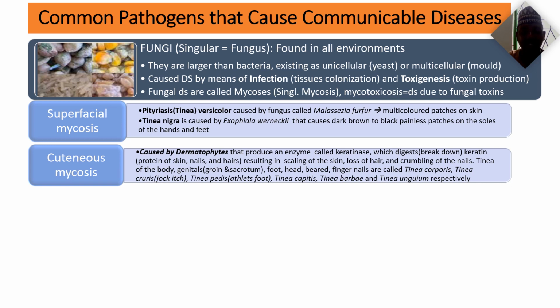Generally, these diseases are also called tinea because they have the ringworm appearance, and it can affect various parts of the body. We can have tinea affecting the genitals, groin and scrotum, and cutaneous infection of the foot, head, beard, finger, and nails.